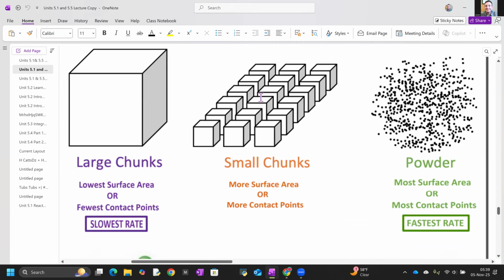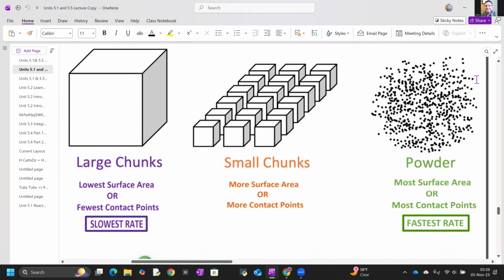So if we have these three samples here, see this large chunk. Well, this large chunk actually has what we say is a low surface area. So there's very little surface exposed that can react. As a matter of fact, there's a lot of reactant inside the cube that does not have exposure to the other reactant, and therefore it can't cause a reaction because it's not exposed. And so we say it has low surface area.